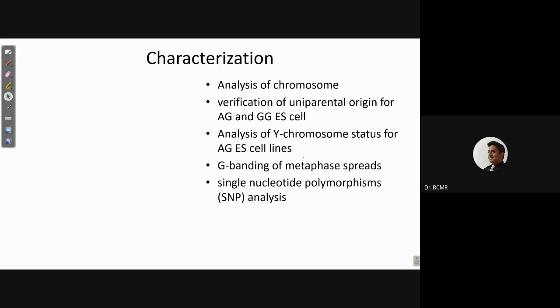For that characterization, there are several techniques. One of them is the analysis of chromosomes. Today's class is very important for this purpose, and it will also show up in CIA exams. Another will be about single nucleotide polymorphisms, which also involves PCR-based methods.